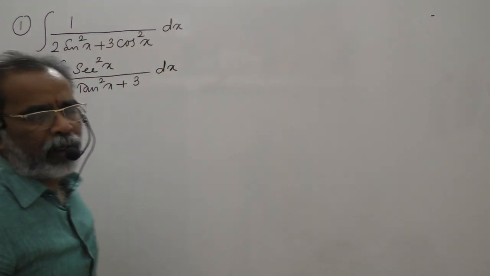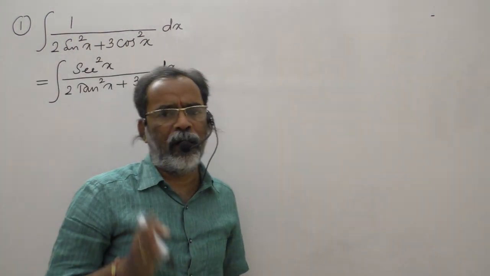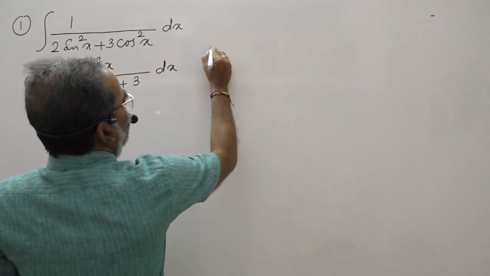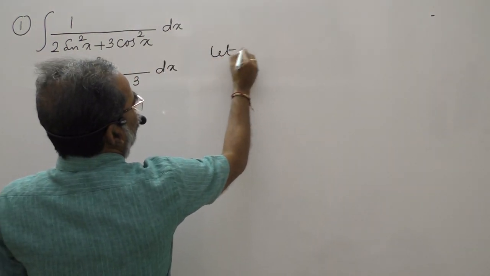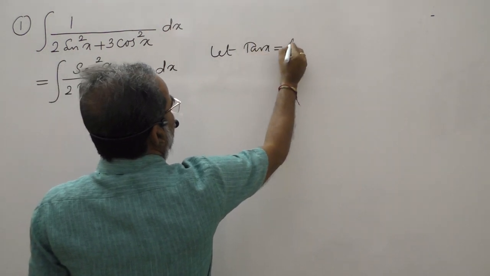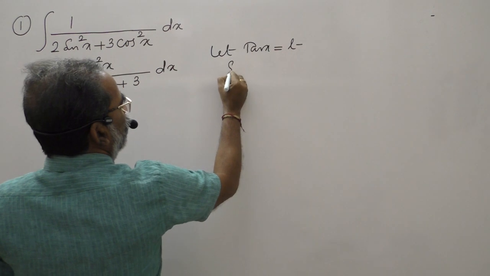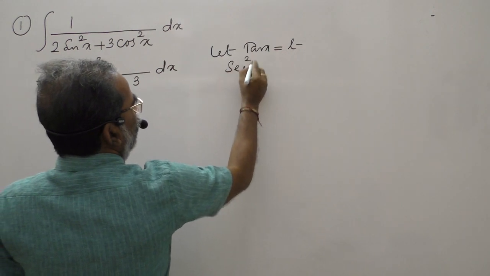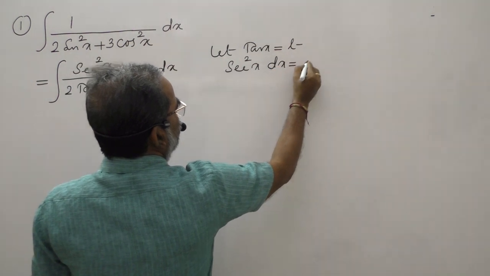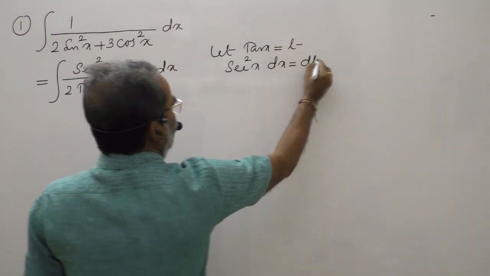So I have multiplied numerator and denominator by secant square x. Then what should be taken? The procedure is, then take tan x equal to t. If tan x equal to t, then differentiating, secant square x dx will be dt.